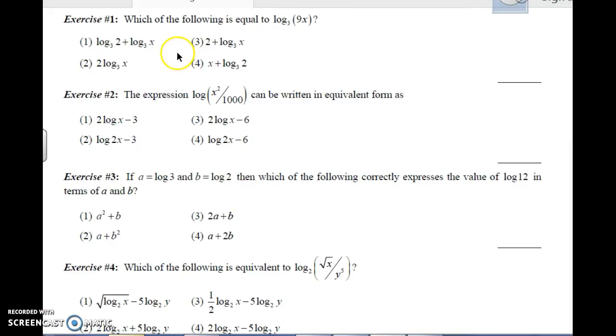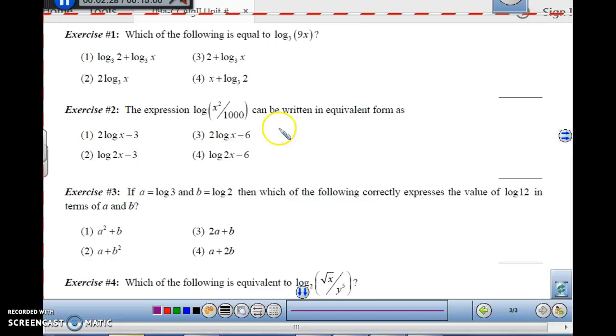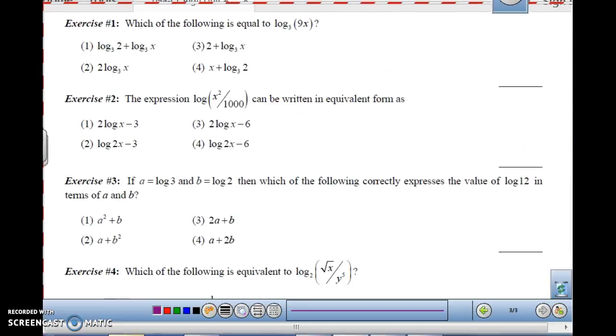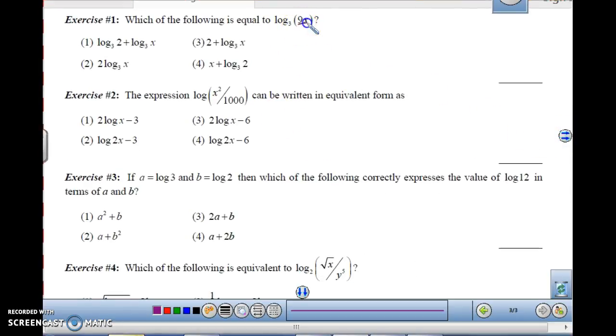All right, exercise 1. Which of the following is equal to log to the base 3 of 9x? Now log to the base 3 of 9x is a product. It can be written as log to the base 3 of 9 times x. So if we are doing a product, when you're thinking exponents, what do you do with the exponents? You add them.